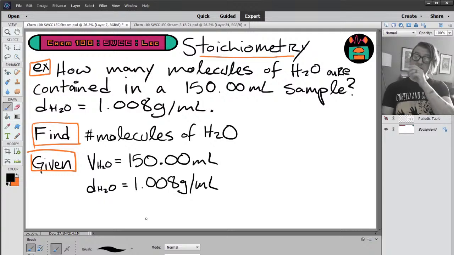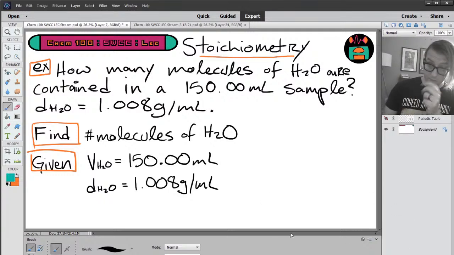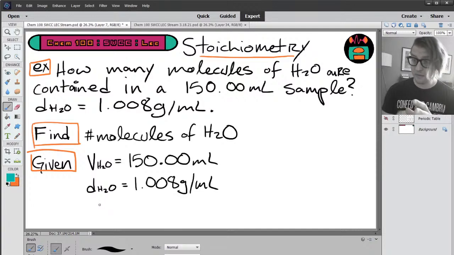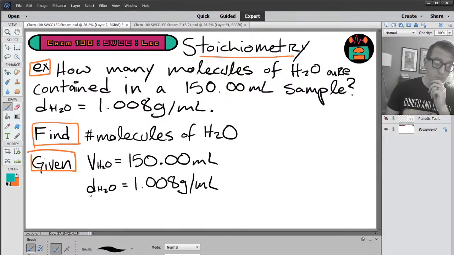Now, this is not explicitly in the problem, but this is something that you need to be aware of, because this is clutch for any STEM class, but especially chemistry, physics, classes like these. You'll notice that you were given a quantity for density.